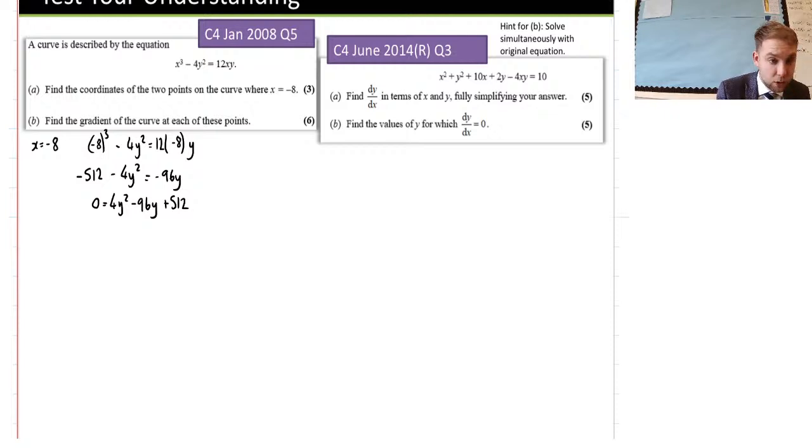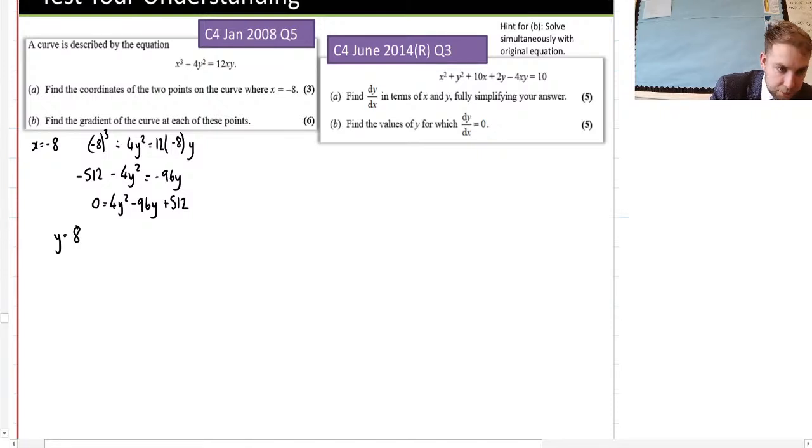Polynomial degree 2, and I've got 4, I've got -96, and I've got 512, and that gives me two solutions. So y is equal to 8, and y is equal to 16. Super.